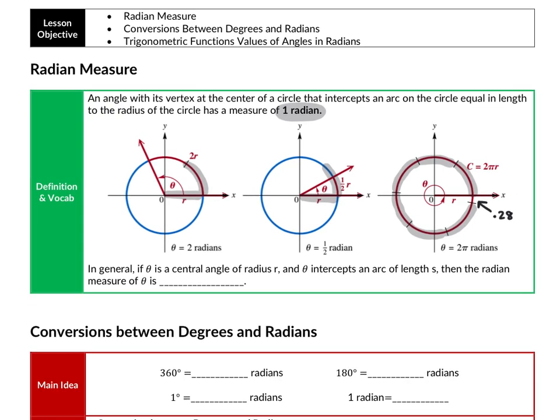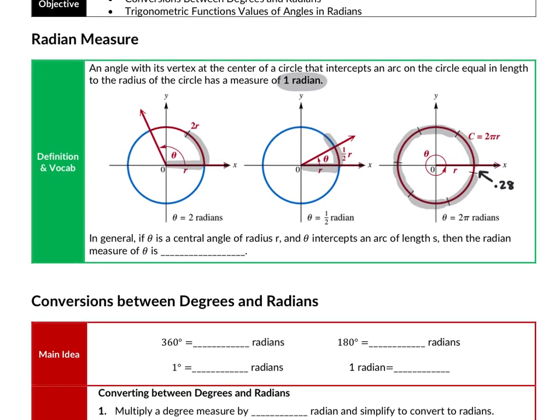So what that means for us is that when we are measuring theta, the central angle of a radius r, and that theta intercepts the circle with an arc length of s, we can write a formula that theta is equal to s divided by r.